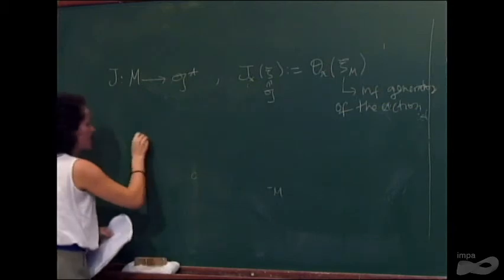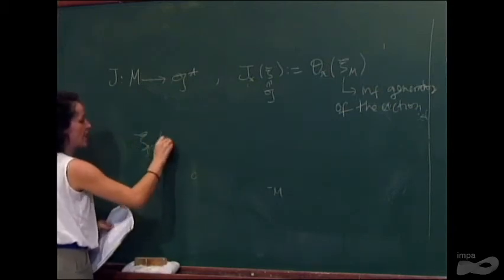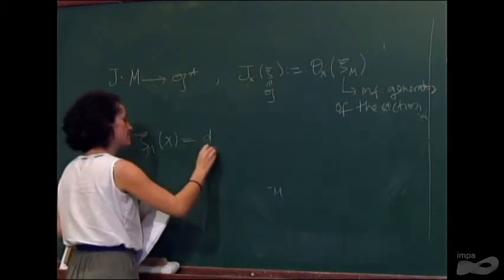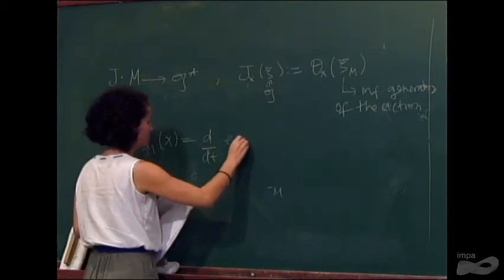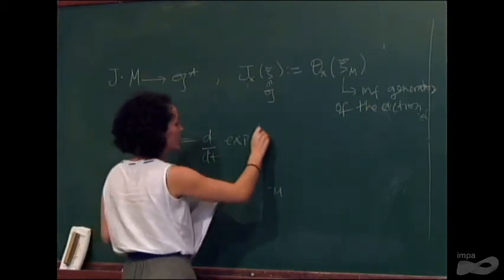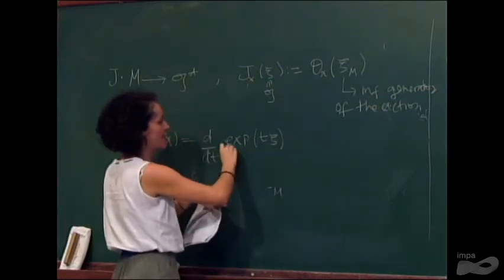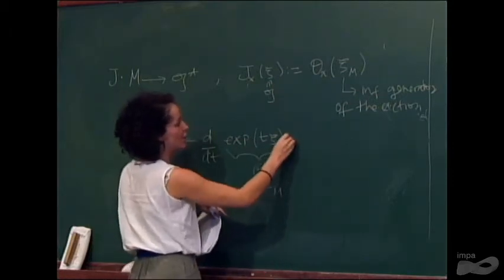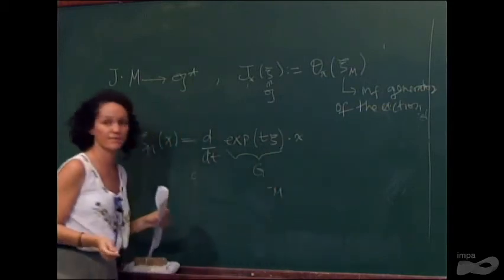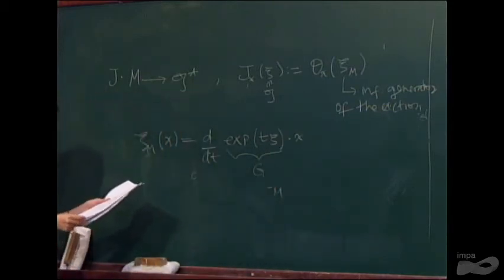So this vector field is defined as follows. Theta M at some point x is just d/dt of the exponential of t times psi, which is an element of G, applied to x. Nice.